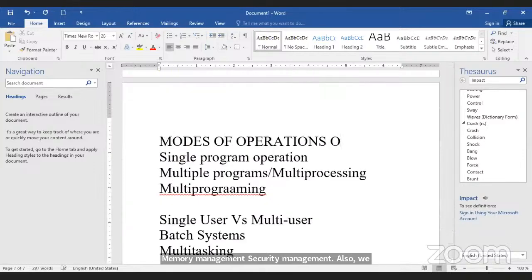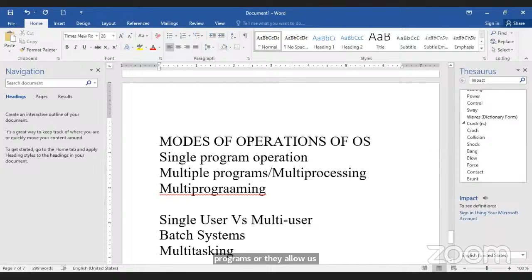Also, we classified operating systems depending on modes of operation. We said we have operating systems that run a single program at a time. Then we have some operating systems that run multiple programs, which allows what's called multi-processing.